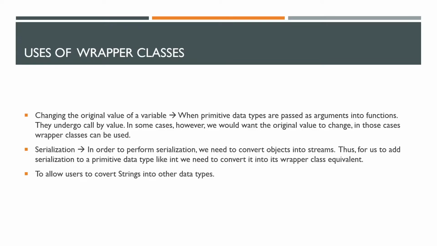Whenever we pass primitive data types into functions, we use the concept of call by value, which means that a copy of the primitive data type is the value being passed into the function. So if we change the value of the copy, then it won't reflect back on the original variable that we passed in. But what if we wanted to change the original variable's value? In those cases, we could use a wrapper class.